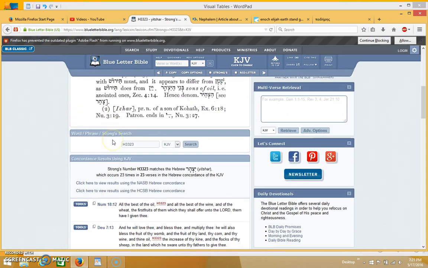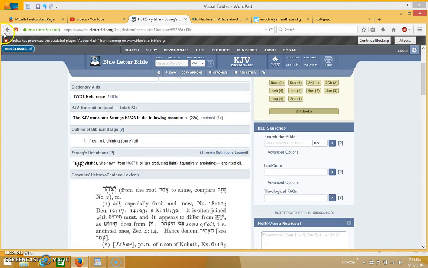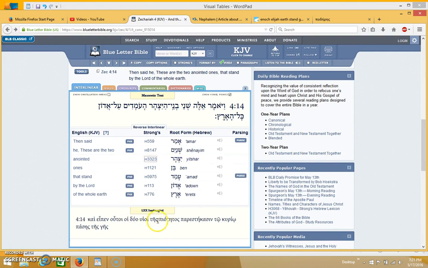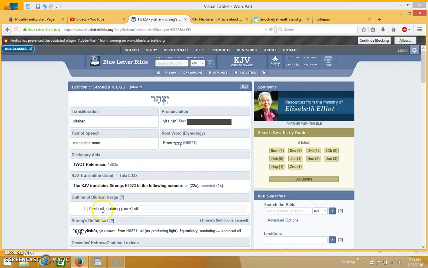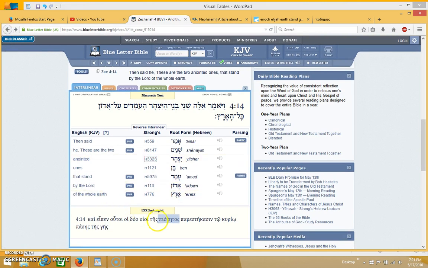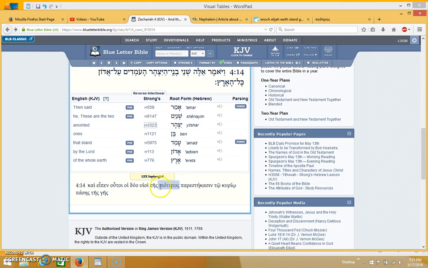And when you look at the Septuagint, you'll see that it uses another word for this oil, because in the Hebrew there's more than one word for oil. There's just regular oil, but then there's also this fresh, shining, pure oil. And apparently there's no word in the Greek to describe that. So instead of using the word oil in the Greek, when I was looking at this years ago, I noticed that they used another word, and this word actually means quality in the modern Greek.